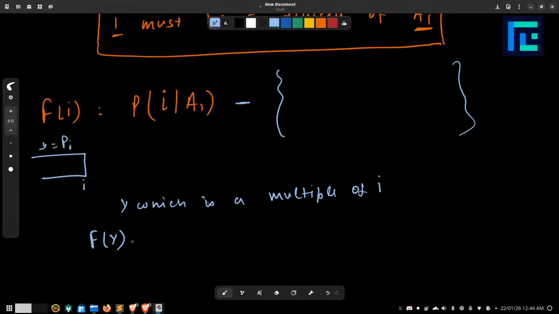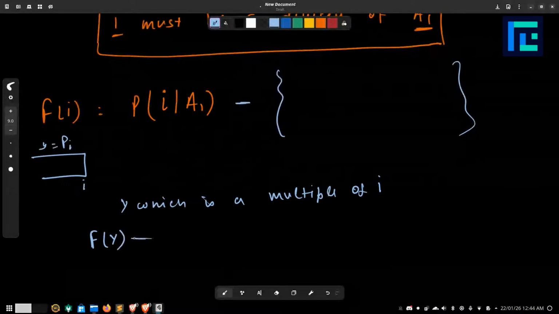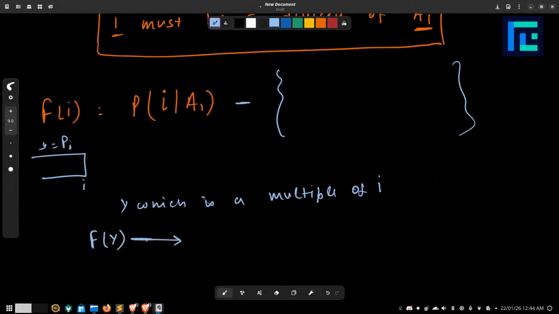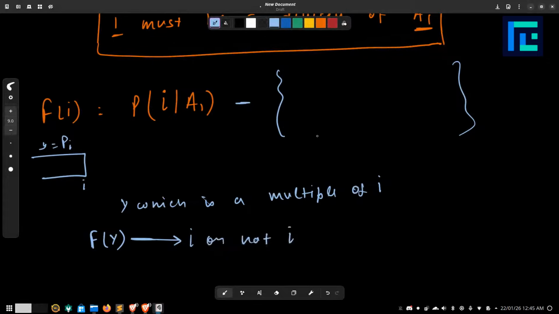So the next unique number that we will get after this y could be any divisor of y, right? It could be I or it could be not I. So we actually need to subtract the probability when it is not I, right?